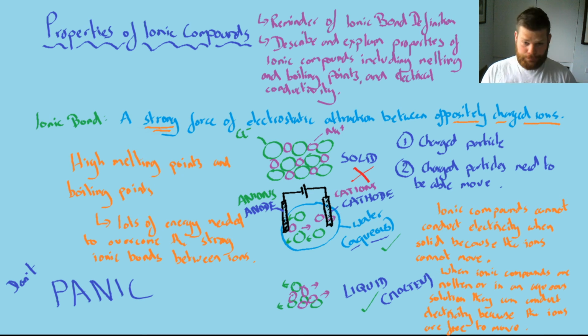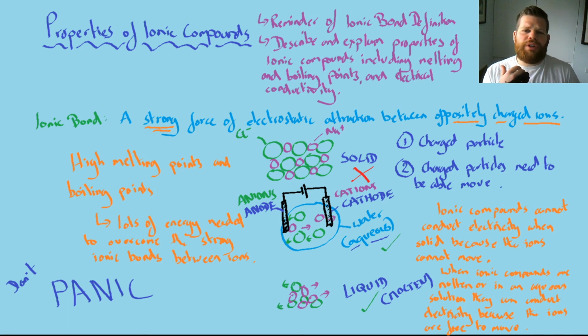So, in summary, what we've talked about in this lesson is our definition of an ionic bond and how we can use that to describe and explain the properties of ionic compounds. We've looked at melting point and boiling point. We've discussed the fact that they are really high, and the reason for that is because lots of energy is required to overcome those strong ionic bonds between the ions.